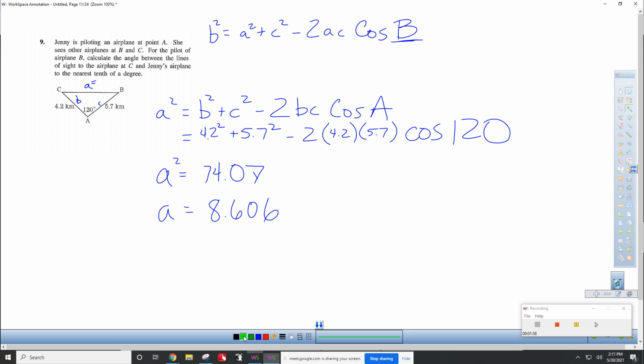So it'll be 4.2 squared equals, what did we get? 8.6 squared plus 5.7 squared minus 2 times 8.6 times 5.7 times cosine of b.